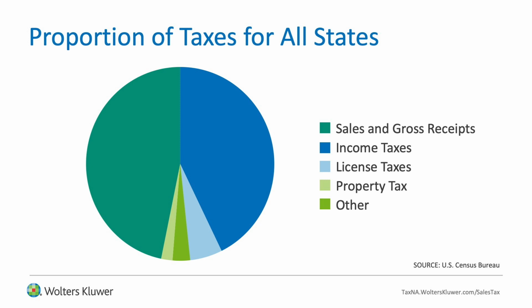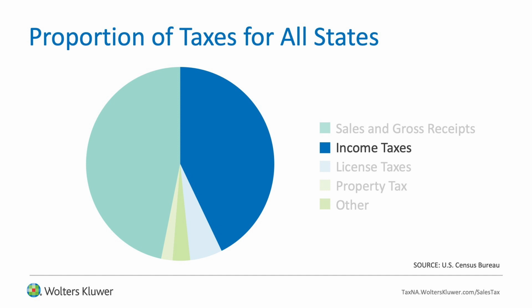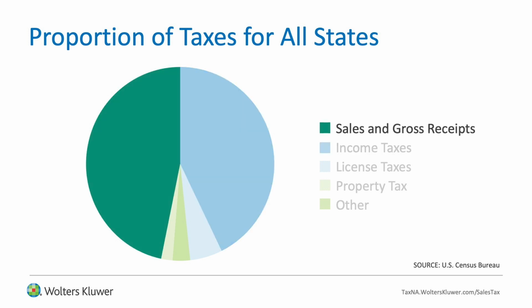This diagram displays the proportion of taxes for all states. This information came from the Census Bureau and provides a breakout of the different tax types and the revenue that it provides the state. You can see that the income taxes appear in the darker blue area. And if you look at the teal colored area, you can see the area covers the sales and gross receipts taxes.